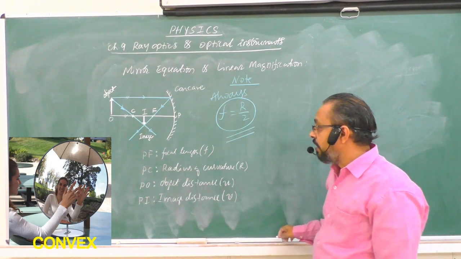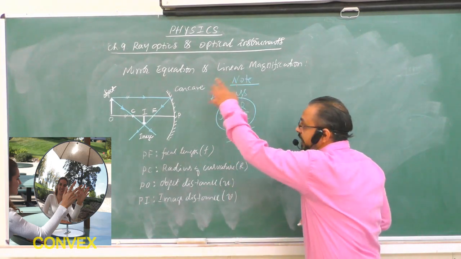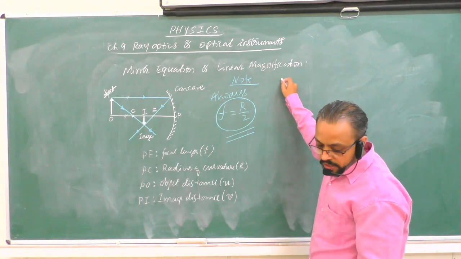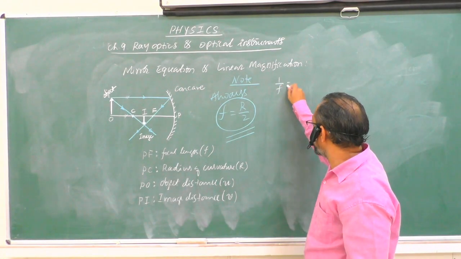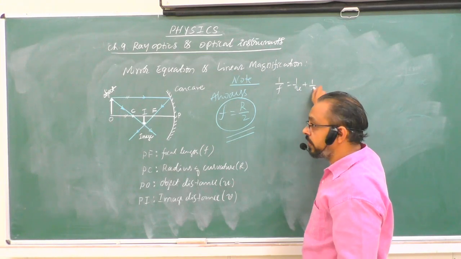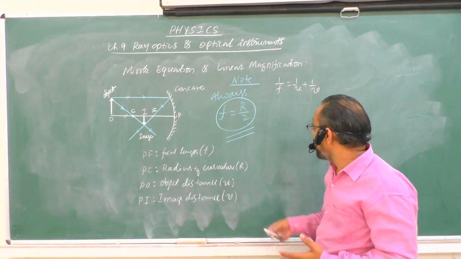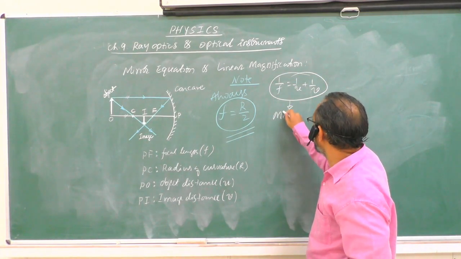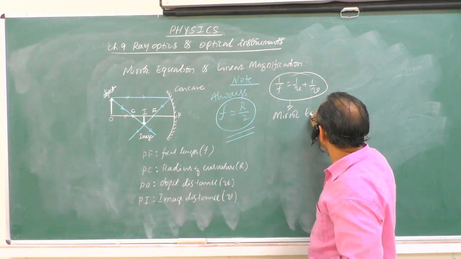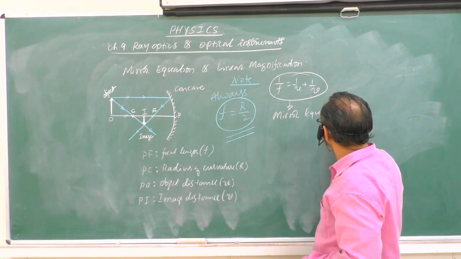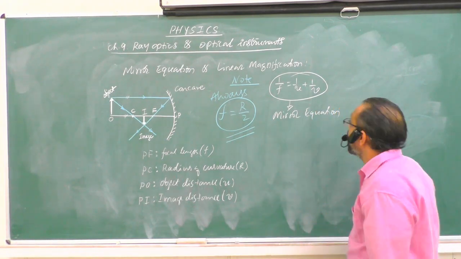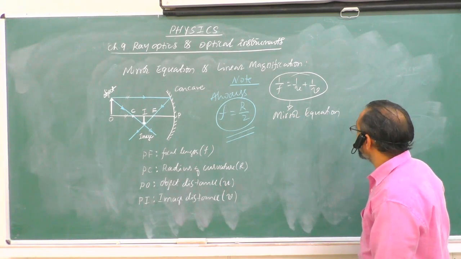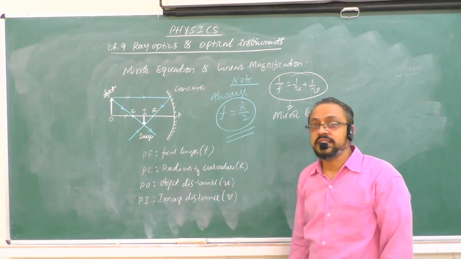Having said this, let me move directly into the mirror equation, and the mirror equation is 1 by F is equal to 1 by U plus 1 by V. This particular relation we call the mirror equation, and it is very important for learning as well as examination.